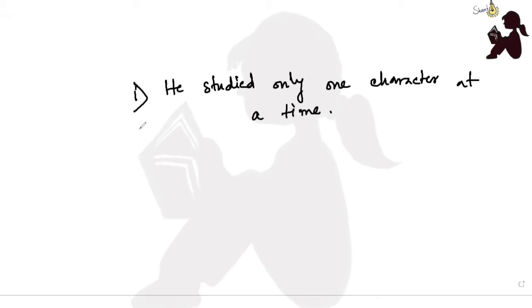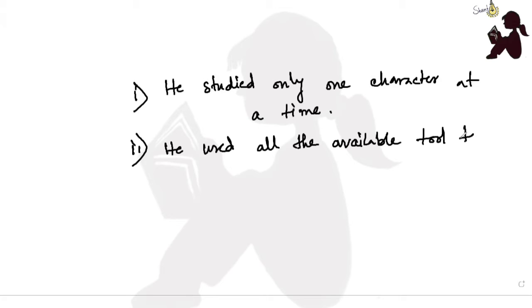Now, another reason is he used all the available tools to avoid cross pollination.